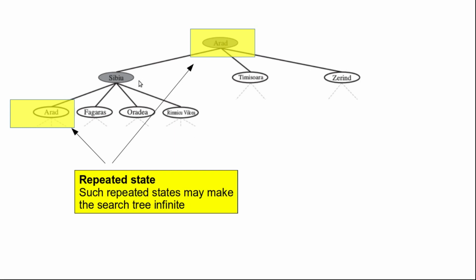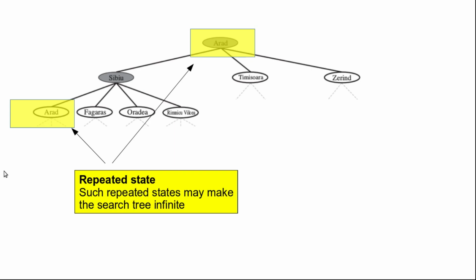and out of these 3 nodes we select CBU, then we expand CBU and we generate these 4 nodes, and out of these 4 nodes we select Arad again, and when next time we expand Arad again, CBU, Timisoara, and Gerund will get generated, and from the frontier, if we again select CBU, it may continue in that way infinitely.